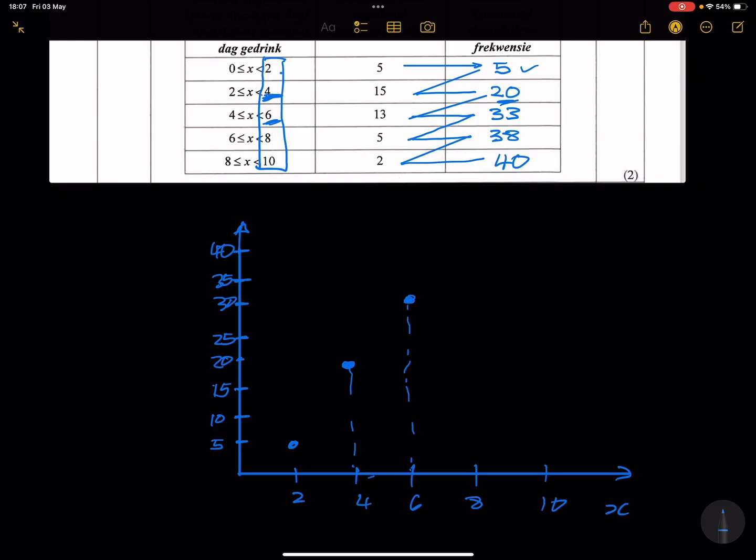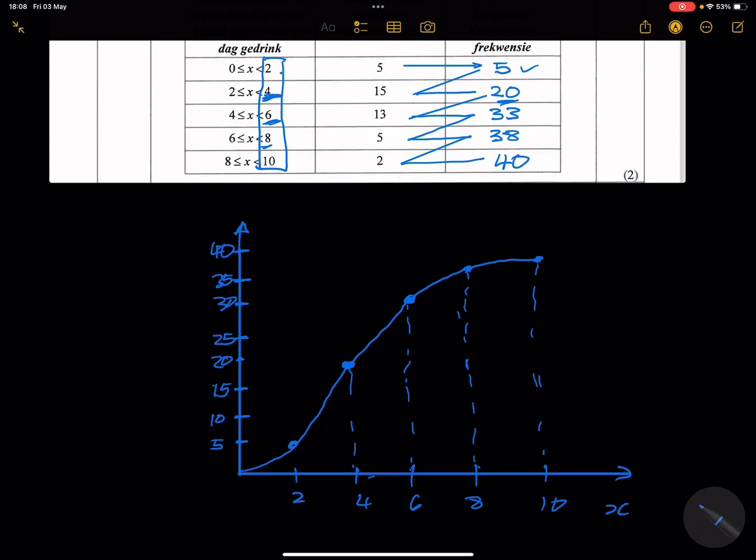Okay, and at 8, I've got 38. Let's put it there. And at 10, I've got 40. Okay, there's my 40 there. And what you would do is just show your ogive there, like that. So that's how you draw your ogive.